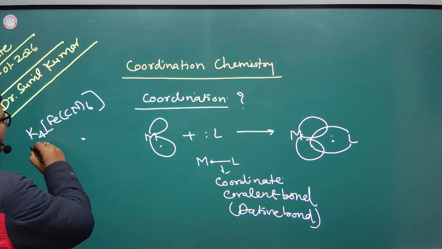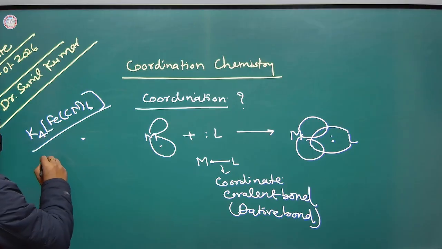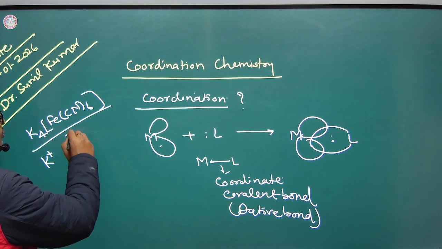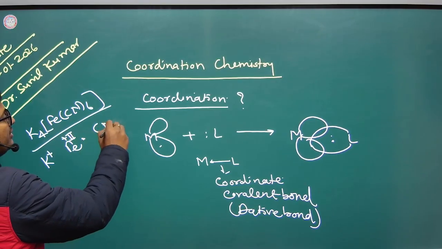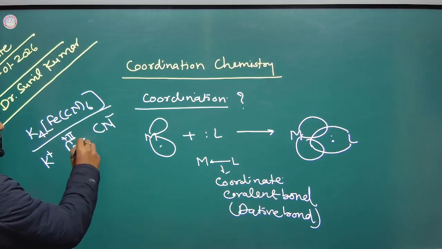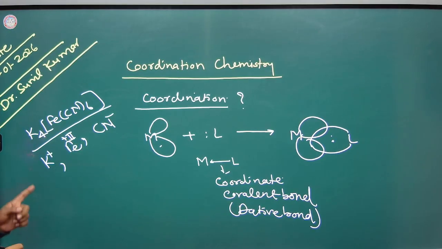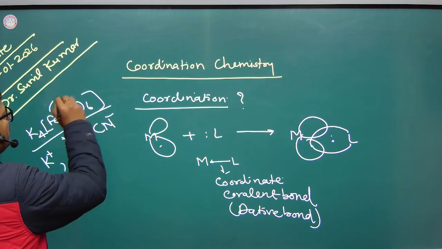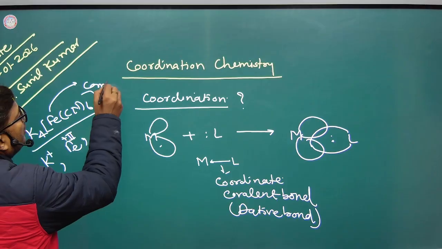So this structure comprises K+, Fe2+ and CN-. These are the three species that accommodate each other to form a chemical structure like that. So this is a complex compound. This is an example of a complex compound.